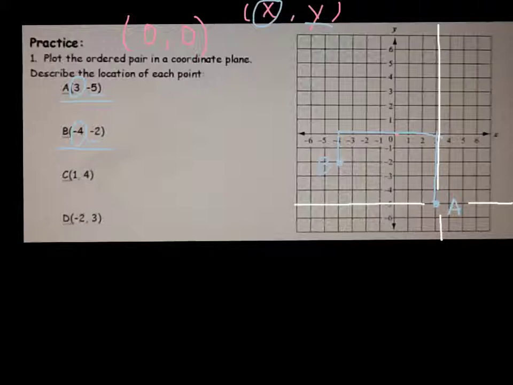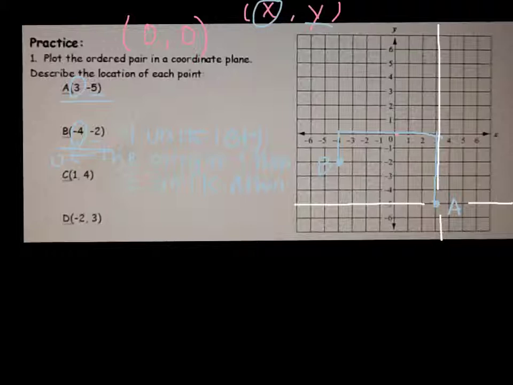So the location is 4 units left of the origin, and then 2 units down. So all I'm doing by describing is putting into words the movement that I showed with my lines on my grid.